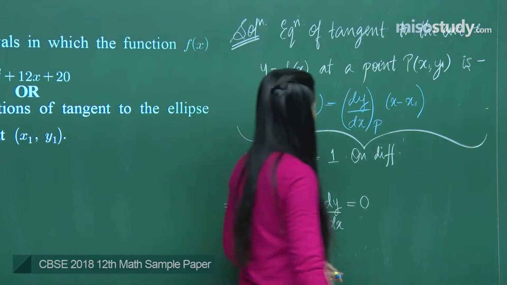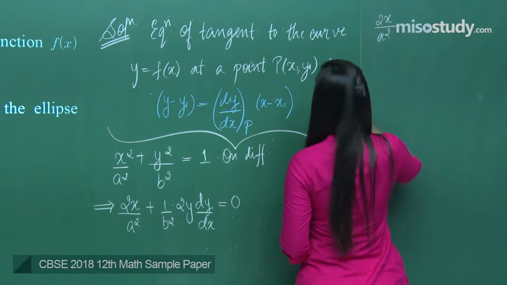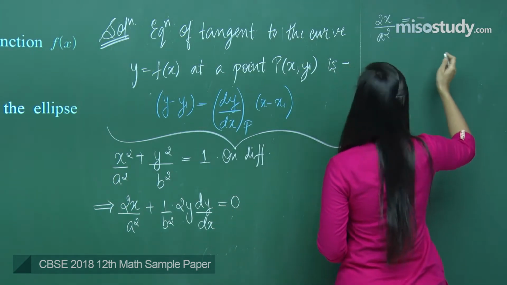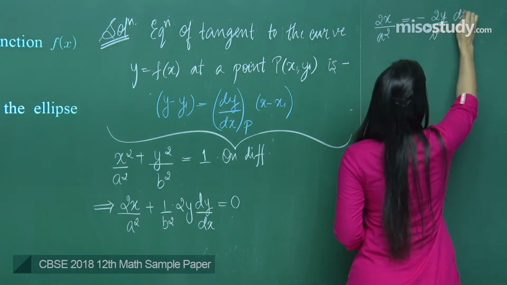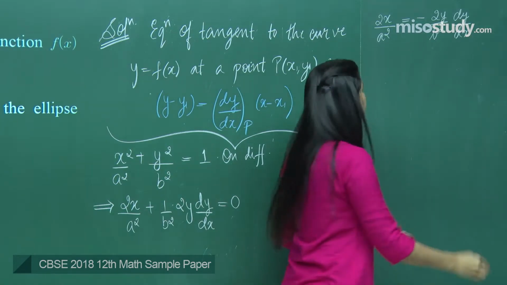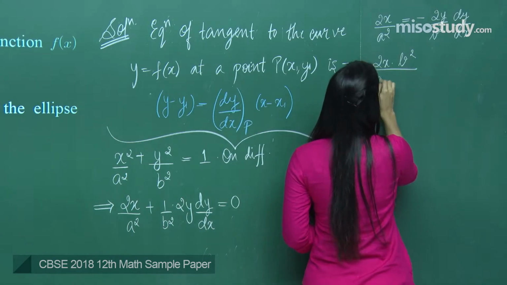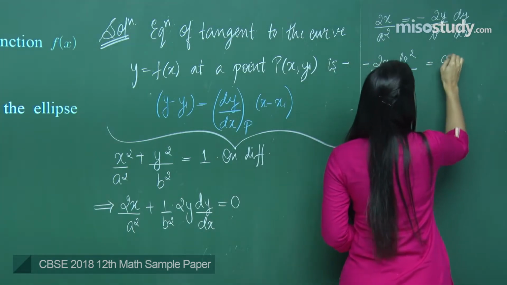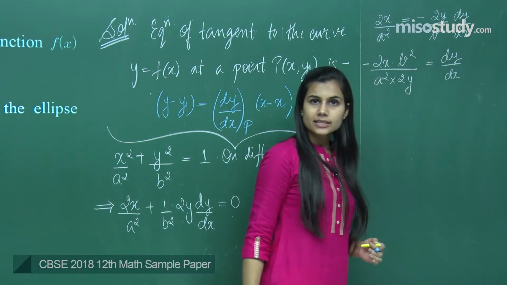After this step, what is it that we obtain? 2x upon a square is equal to minus 2y upon b square into dy by dx. This happens to be 2x into b square upon a square into 2y with a minus sign, and that is what is exactly your dy by dx.